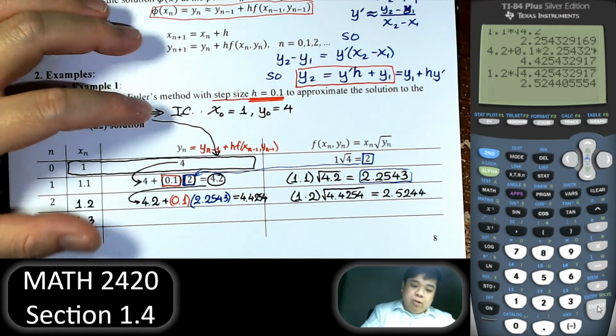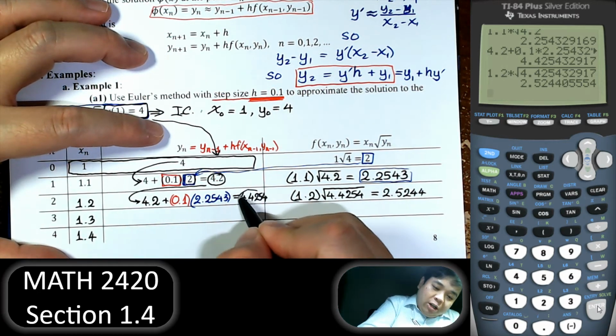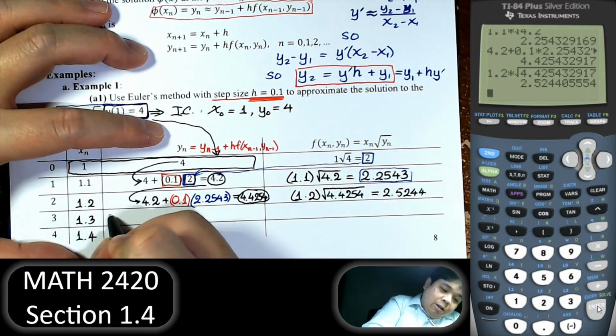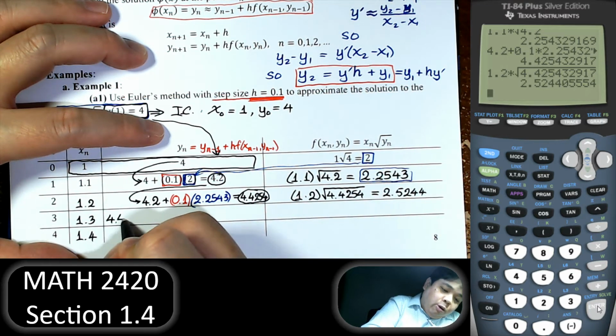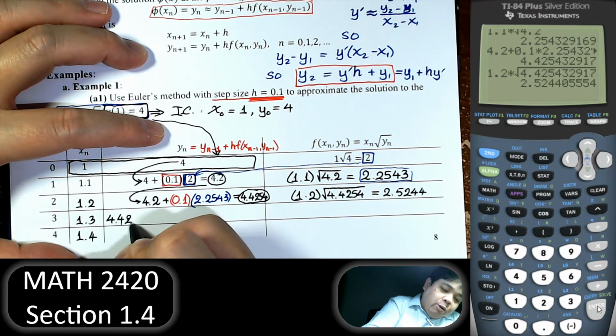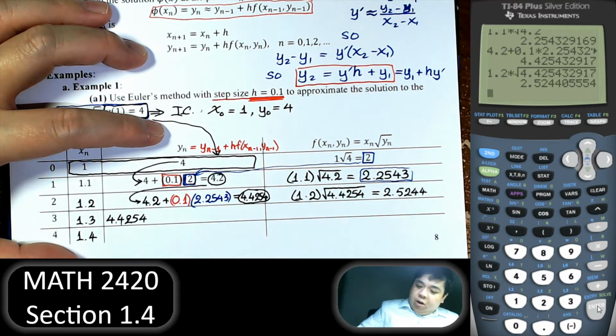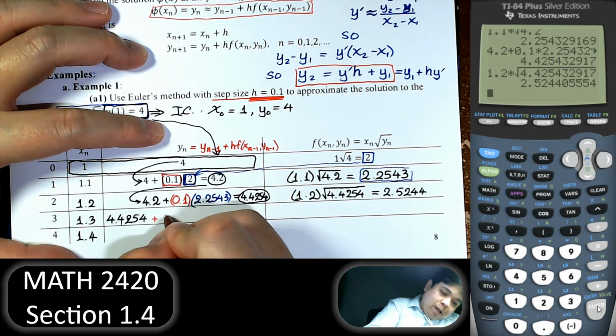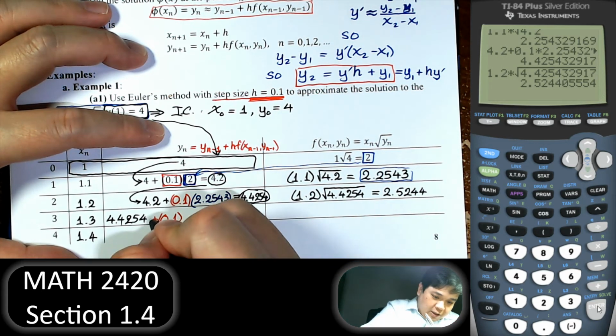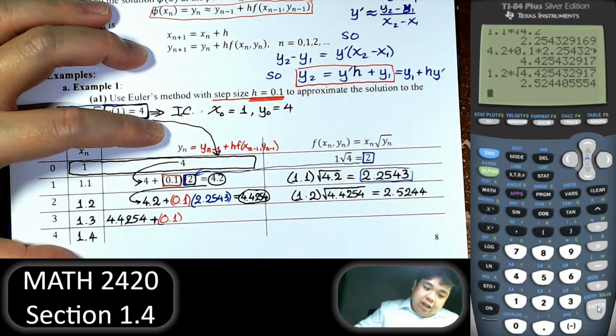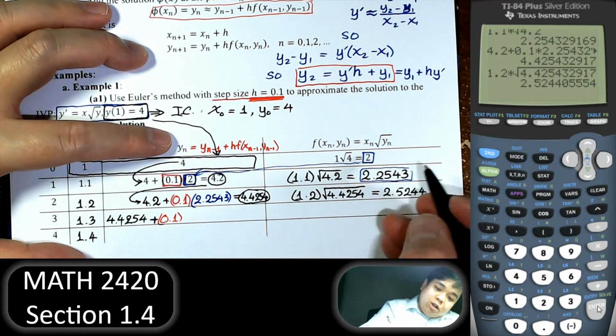And we keep going. We're going to update the y value, so we're going to continue from there. 4.4254 plus the step size, sorry, times the step size times the slope.